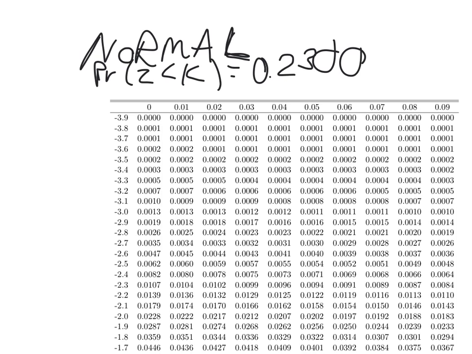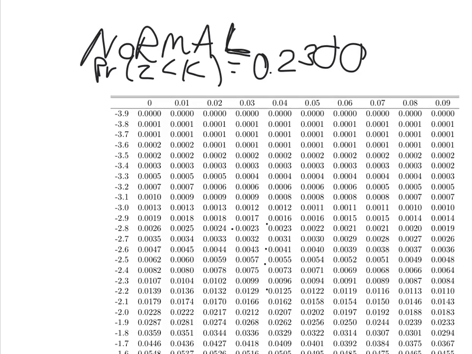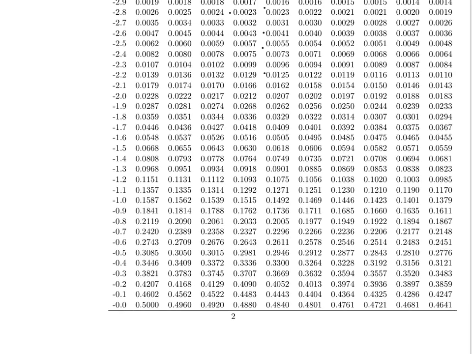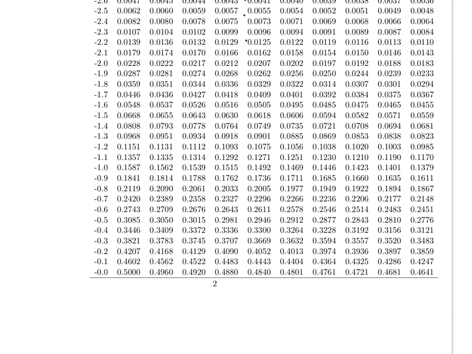Okay, so what I'm going to do is look in the middle where the probabilities are and find the closest value to 0.2300. So I'm going to scroll down through the page and look for that. Okay, so I'm looking around and I see 1977, I see 2877, well that's too high.